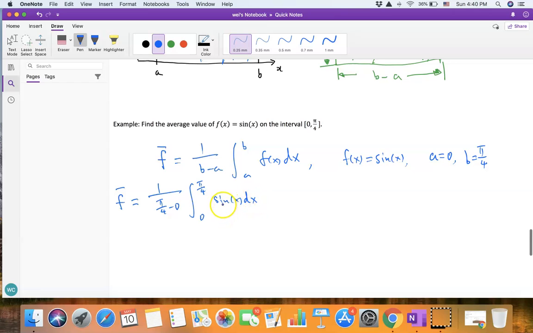Okay. So we first want to figure out what this definite integral is. We can do this by using the first fundamental theorem of calculus, because the antiderivative of sine x is negative cosine x, because the derivative of negative cosine x is equal to positive sine x.